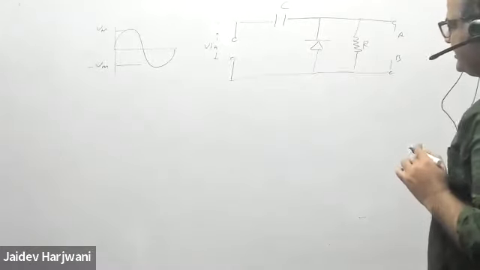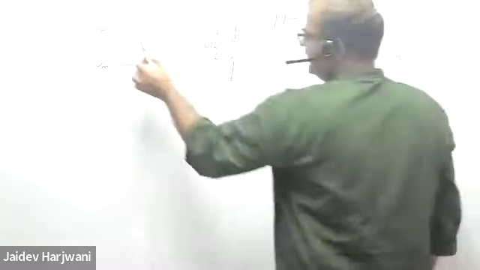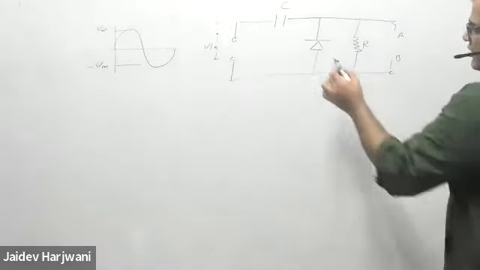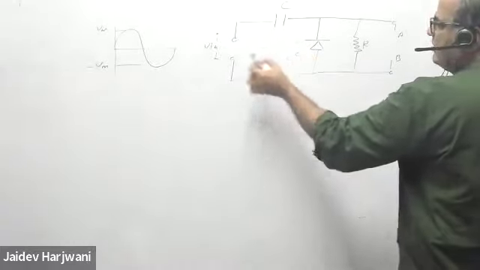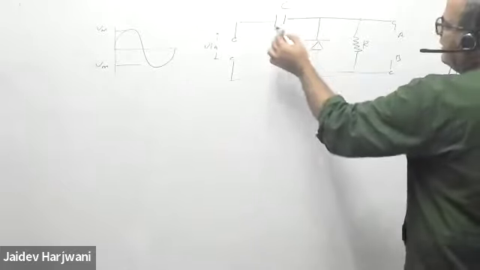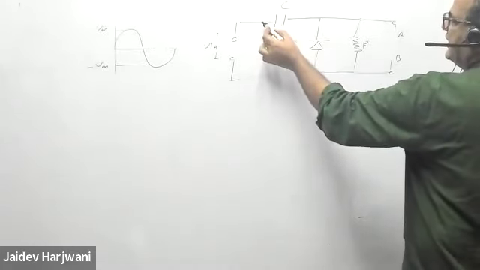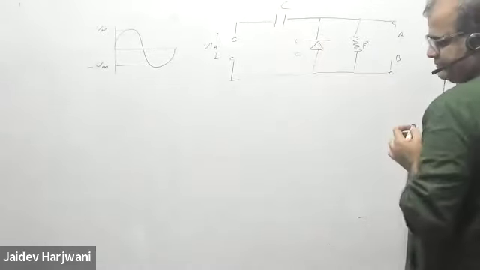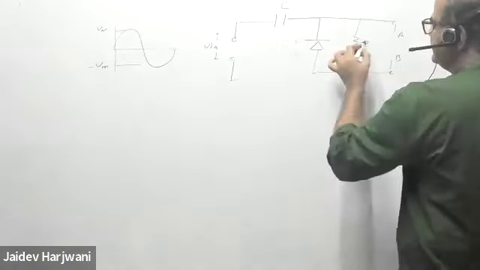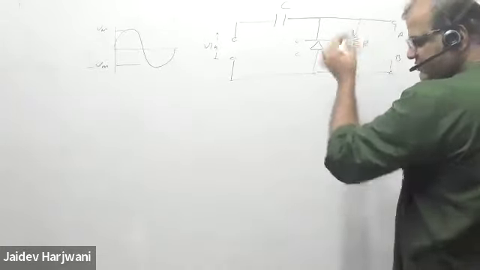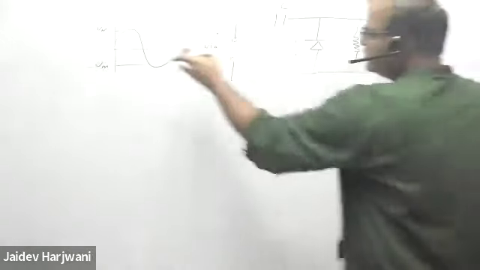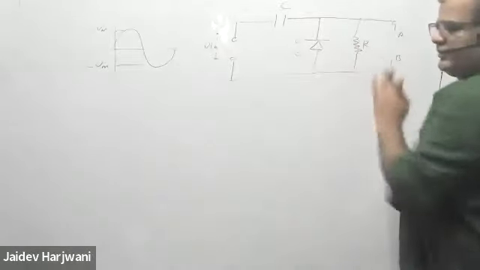Now let us see what happens when I apply the positive cycle. The diode will be off, so current cannot pass through this path, but current can come from here to here. This is the load resistance, whose value is very high, and when the value is very high, most of this voltage will drop here.